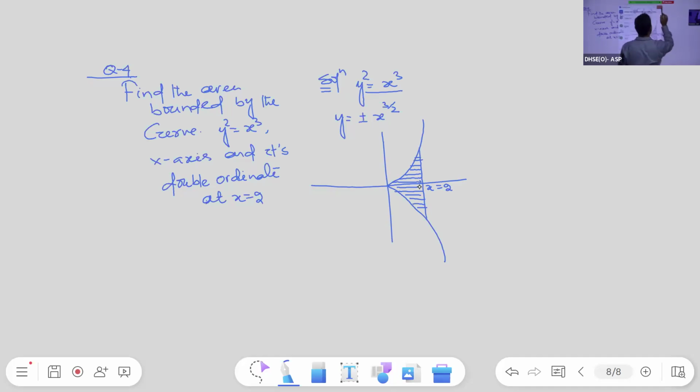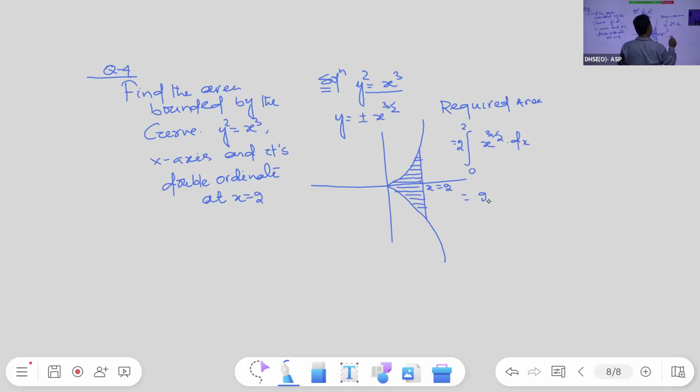Required area is equal to twice of integral 0 to 2 x raised to the power 3 by 2 dx.